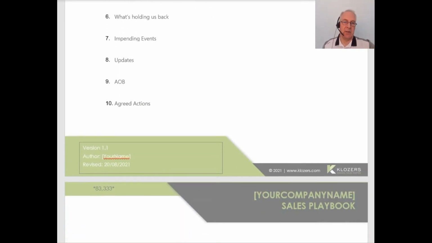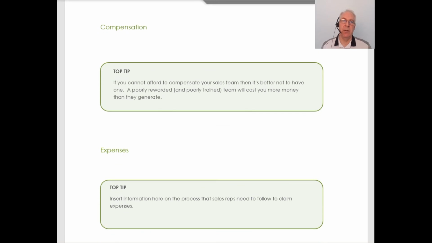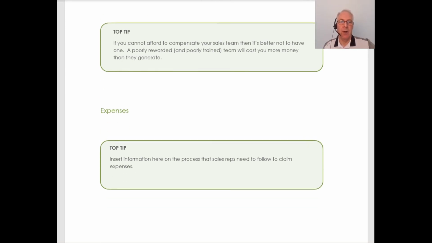Google Drive, Dropbox, etc. Compensation, really important for salespeople to know exactly how they're being remunerated. Super important. And the simpler you make it, the more powerful and motivating it will be. If they've got to read and understand a huge spreadsheet, some of them will find it like poking cocktail sticks in their eyes, and they're just not going to want to do it.